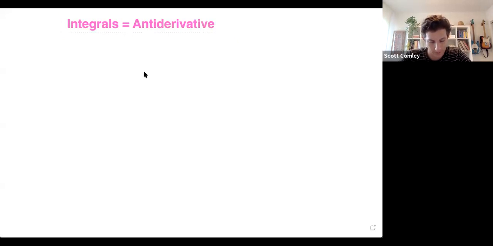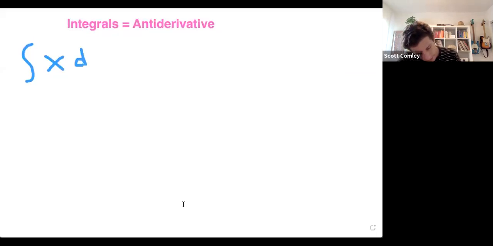All right. So it kind of looks like a musical symbol. Let's just say our function is x. And then at the end of it, they have dx. What that means is with respect to x.